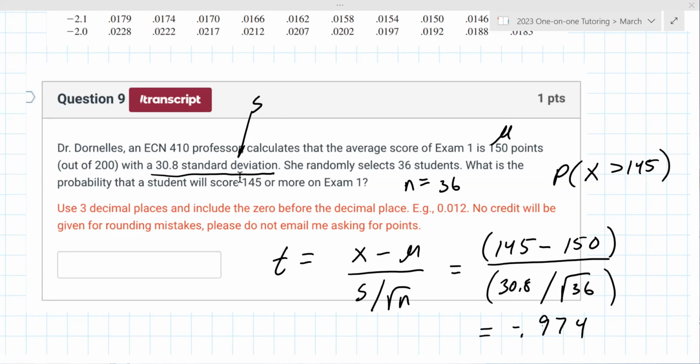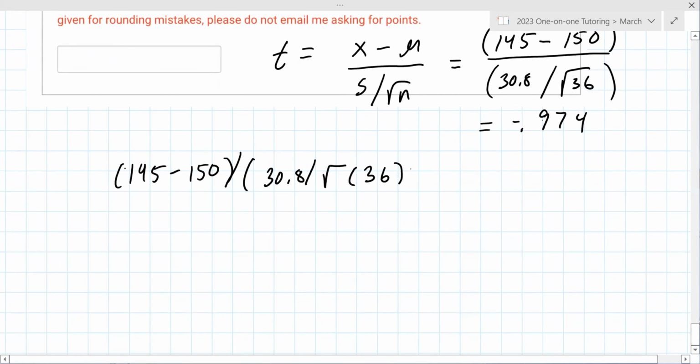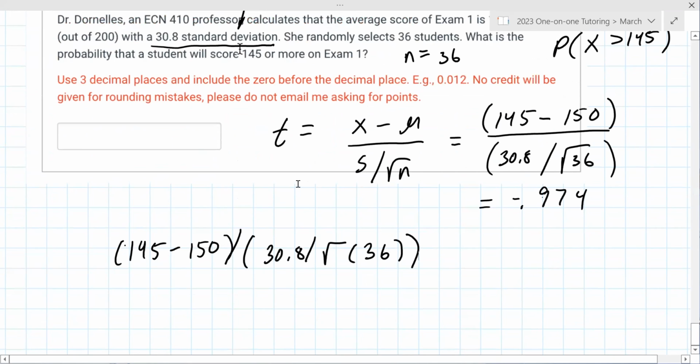Yeah, because I didn't get it again. So parentheses 145 minus 150 close parentheses, slash parentheses 30.8 slash square root. And then if your calculator adds a parentheses there, you're going to want to have another one to close the 36 and then close the denominator. Okay, got it. Perfect.